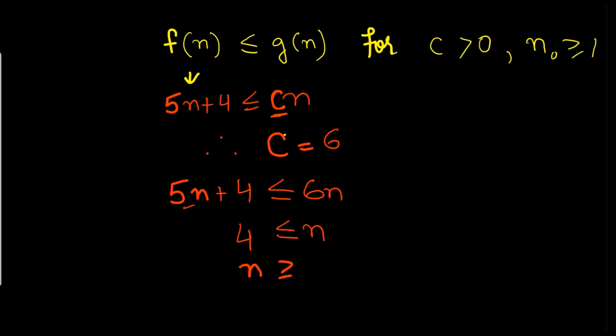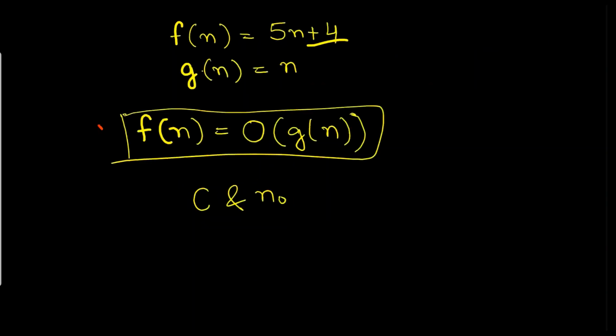So if I put c equal to 6, we can prove f(n) is equal to order of g(n), where g(n) can be n squared, n to the power n, 2 to the power n, but we need to go for the least, as we are looking for the least time complexity.